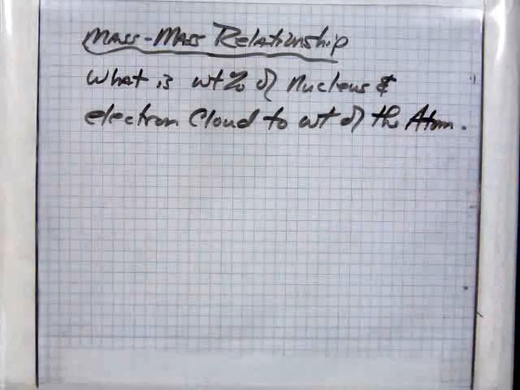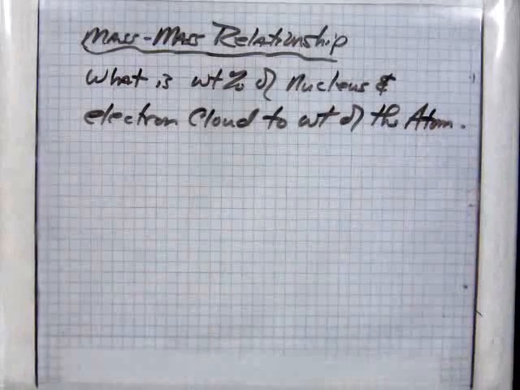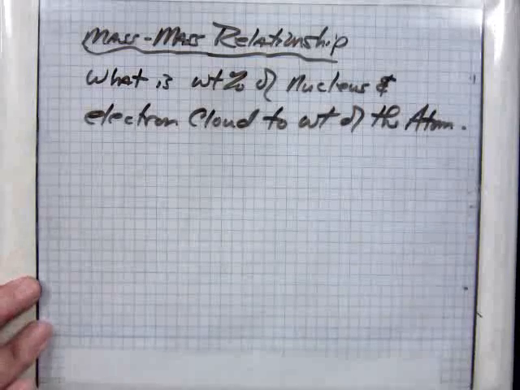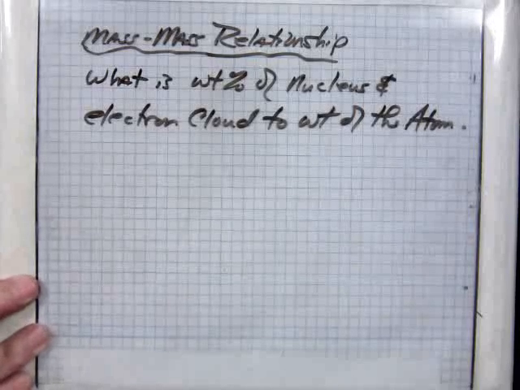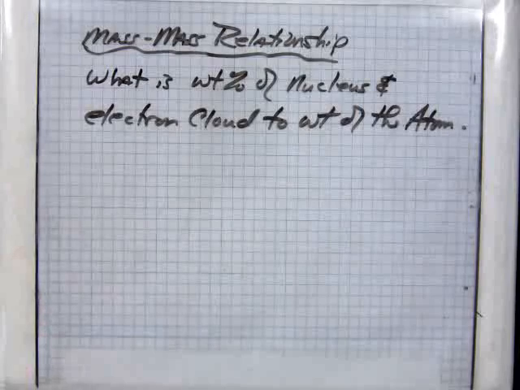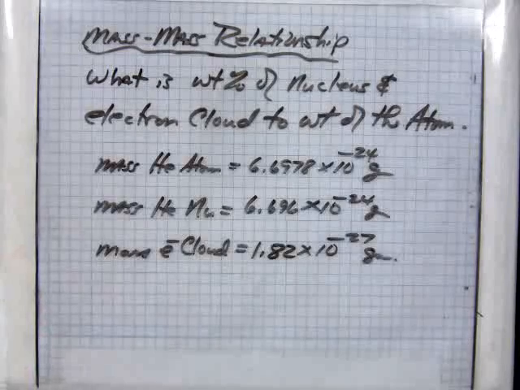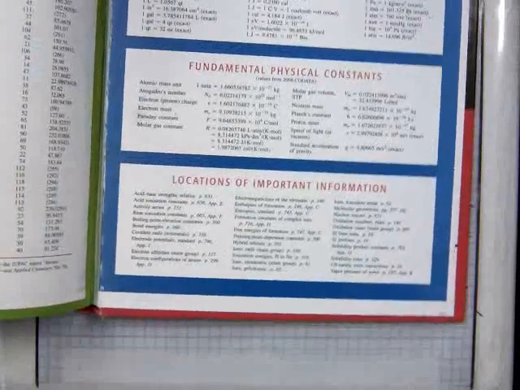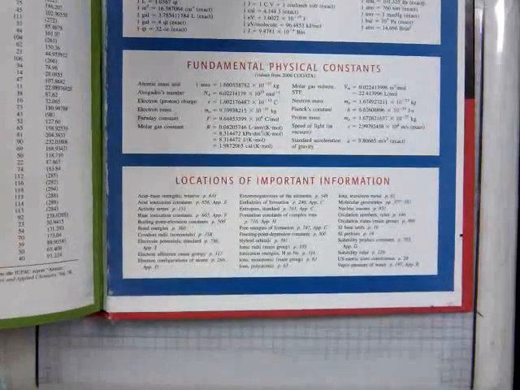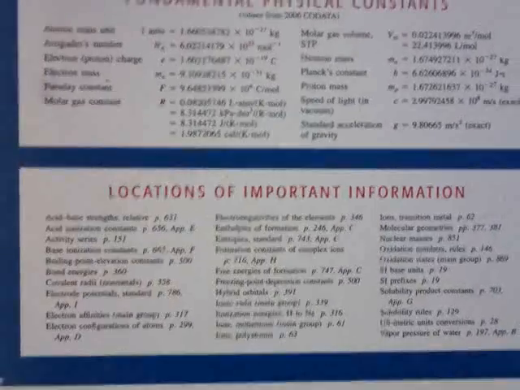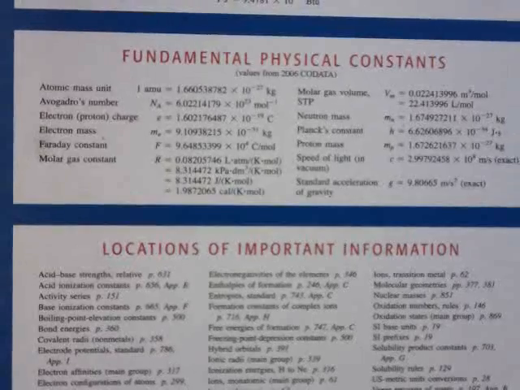So you're comparing those two mass values. Well, there are things called rest masses. These are called rest mass values.